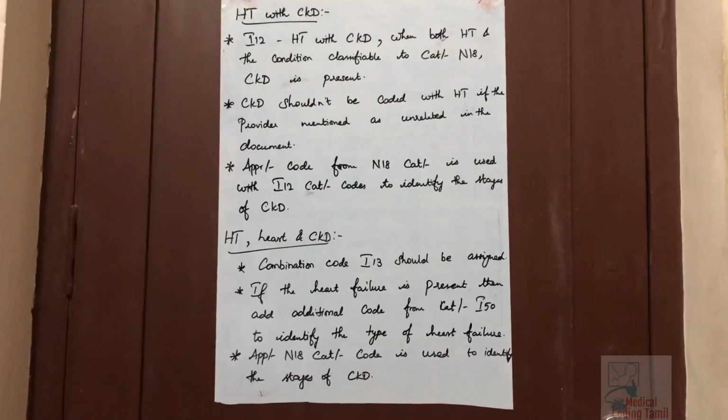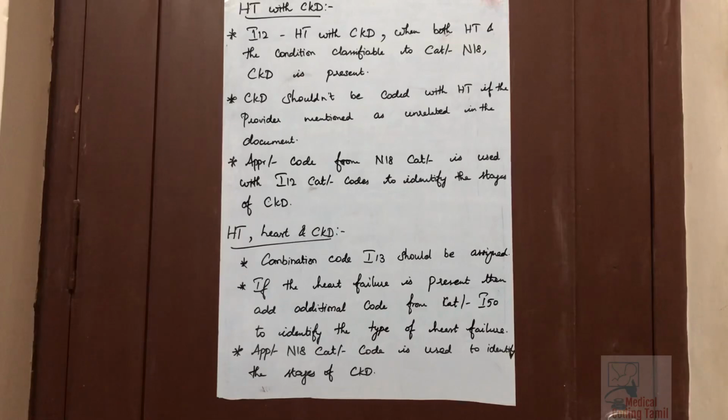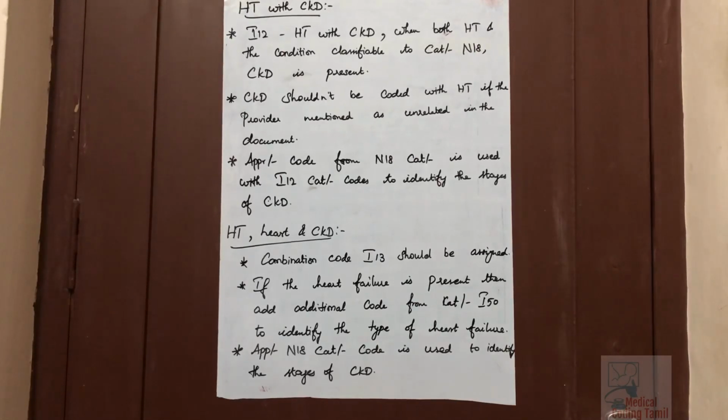The next topic is hypertension with CKD, in which we will cover the guidelines. The hypertension with CKD code is I12. When both hypertension and the condition are classifiable, then we have to assign this code I12, and again we have to provide N18 category codes if the CKD is present.